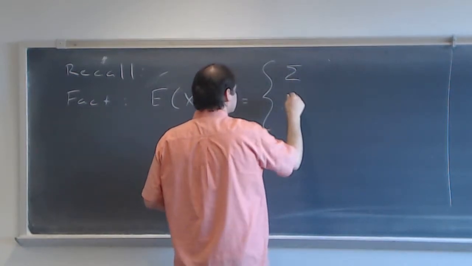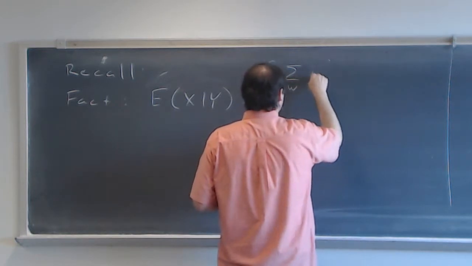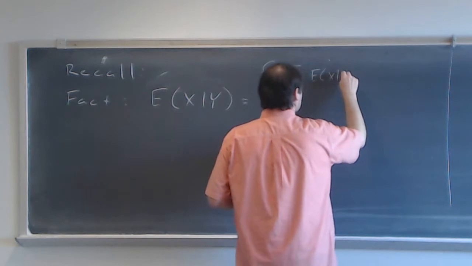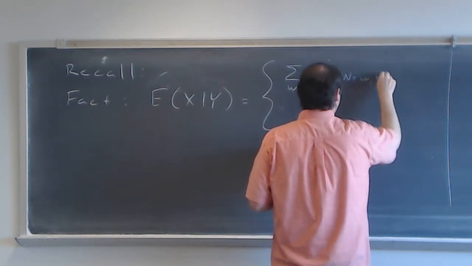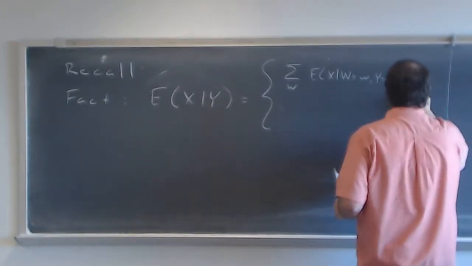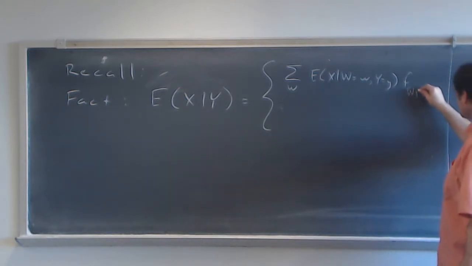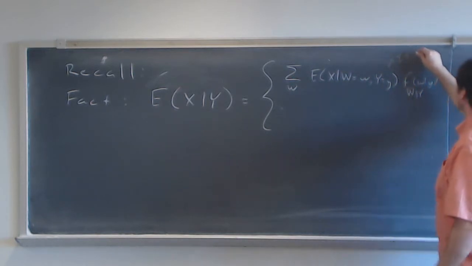It is the sum over w of the conditional expectation of X given W equal to w and Y equal to y, times the conditional probability mass function of W given Y, if W is discrete.